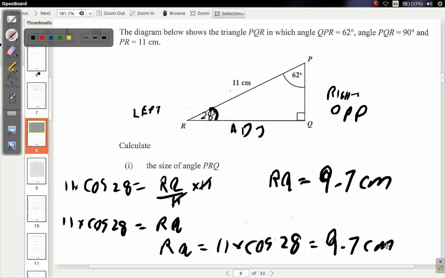Whichever way you want to work with it, whether the 62 up here or the 28 up here. So that is what you have.